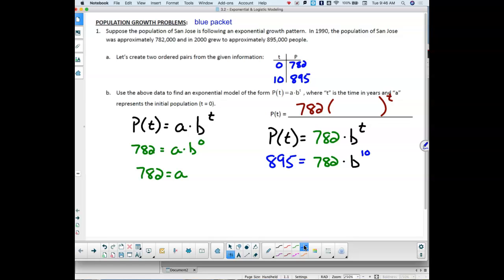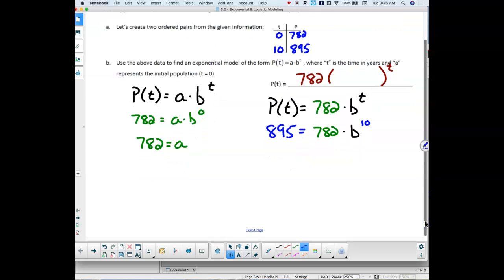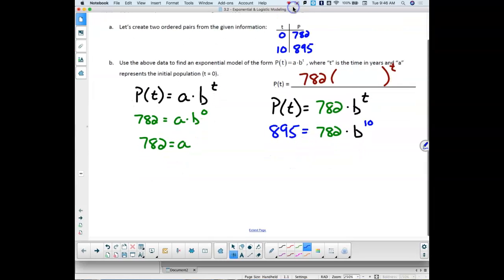How am I going to solve that for b? First, I'm going to divide by 782. Now what?